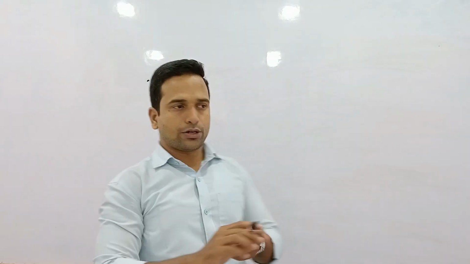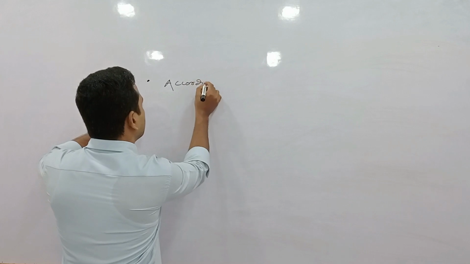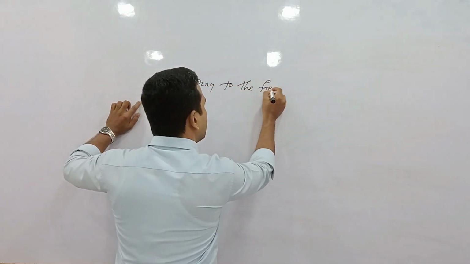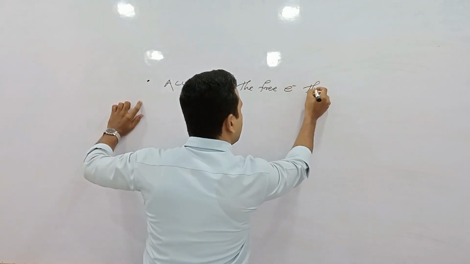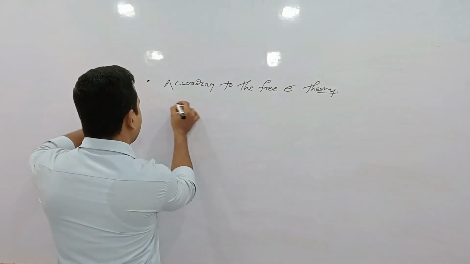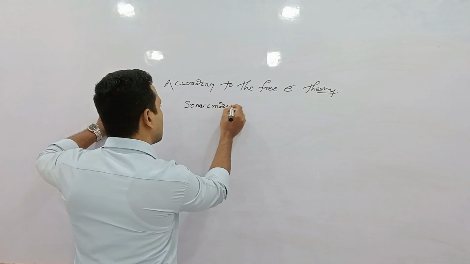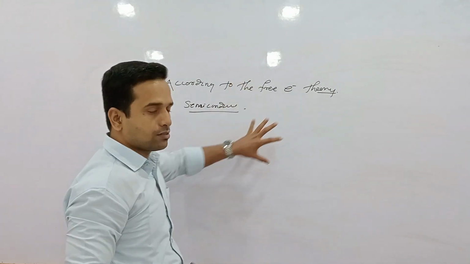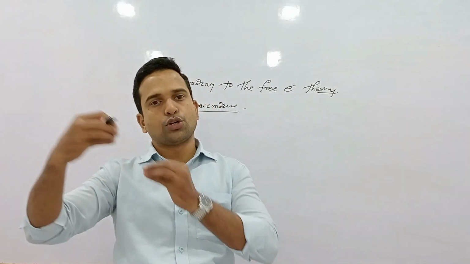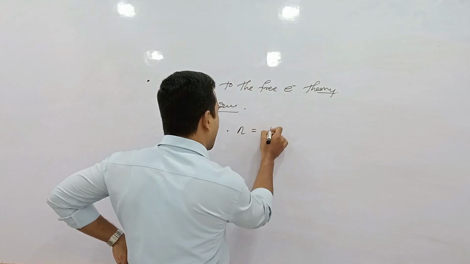According to the free electron theory, the conductivity of semiconductor can be given as... We will discuss some notations firstly, then we will try to determine the conductivity. See, what is n? n क्या है?